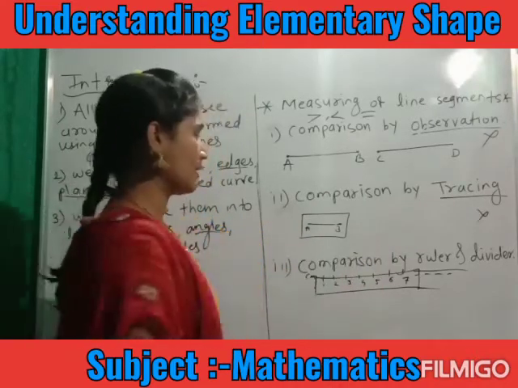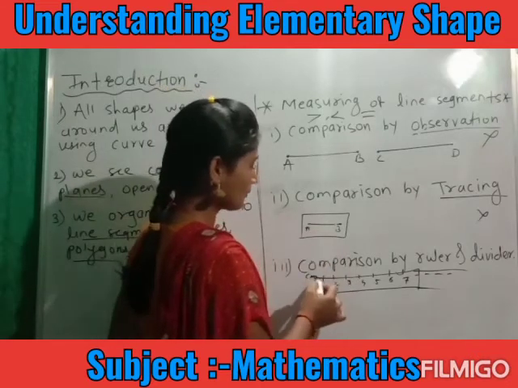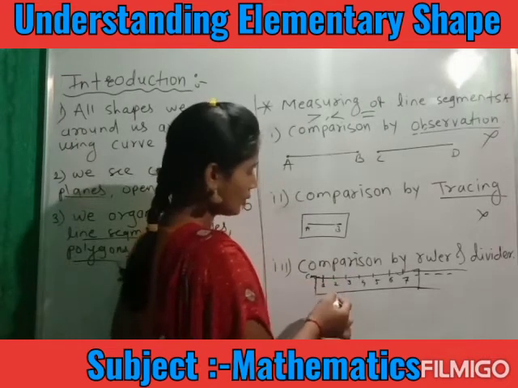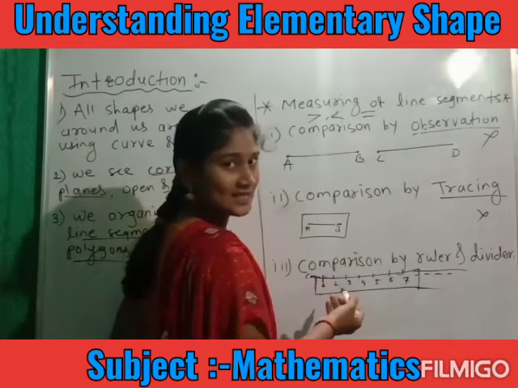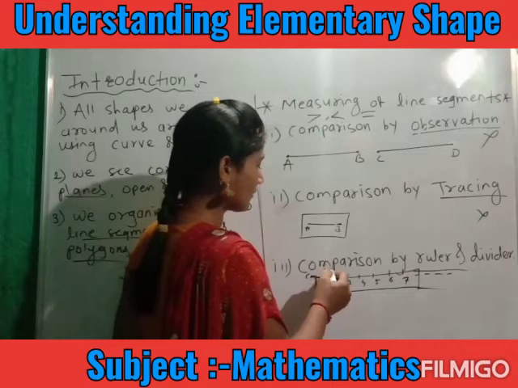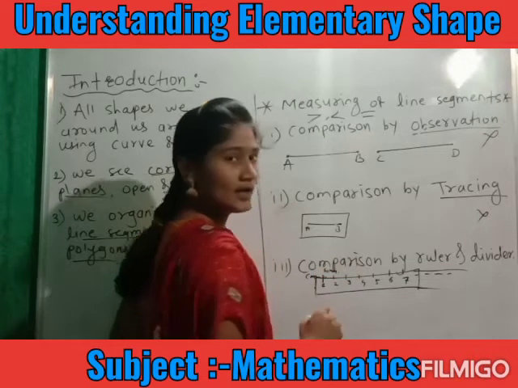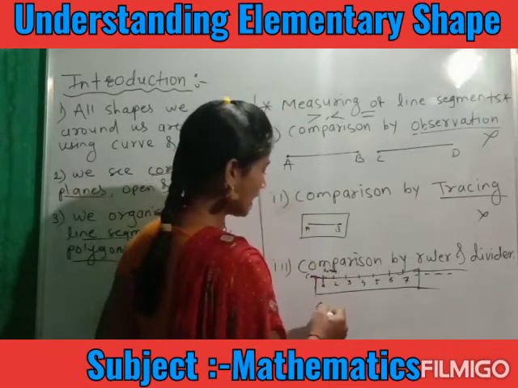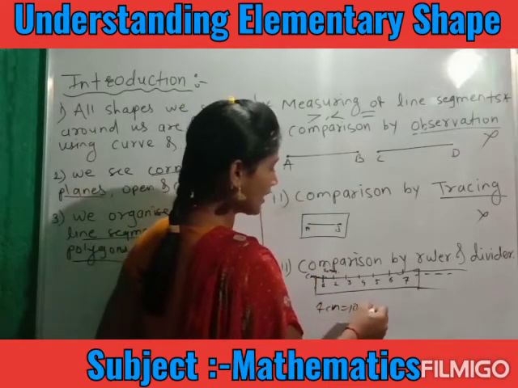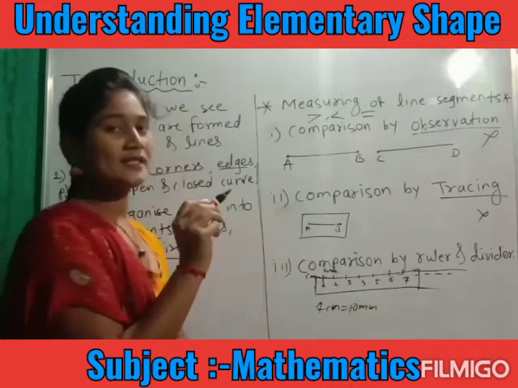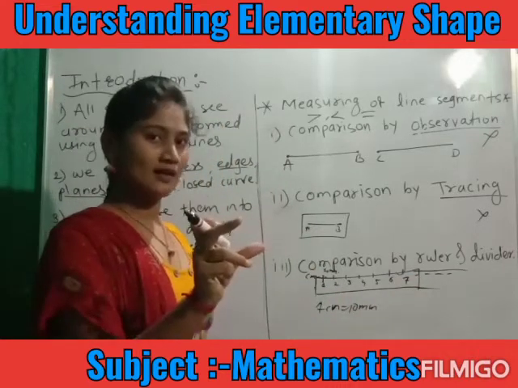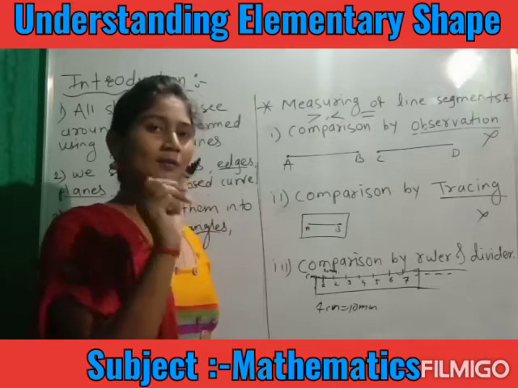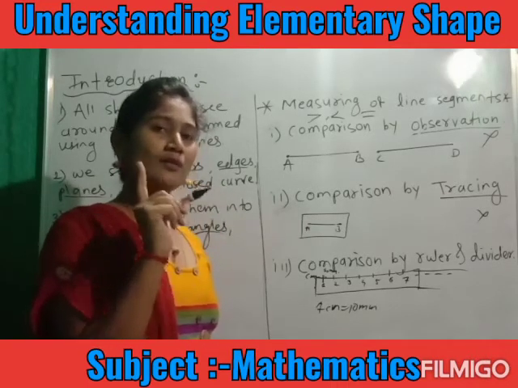Now this distance, starting from 1 to 2, is nothing but 10 millimeter, which means 1 centimeter. 1 centimeter is equal to 10 millimeter. Understood, guys? There are 10 lines within 1 centimeter, and each of those lines is called 1 millimeter.